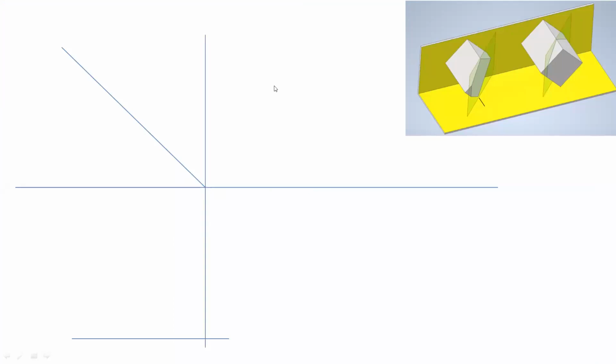To draw this on a drawing paper, draw the XY line, that is a horizontal line, and the X1Y1 line. Now your first step is to draw the front view.